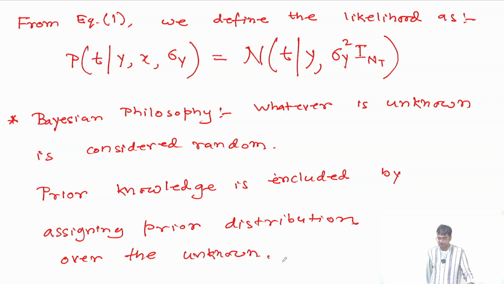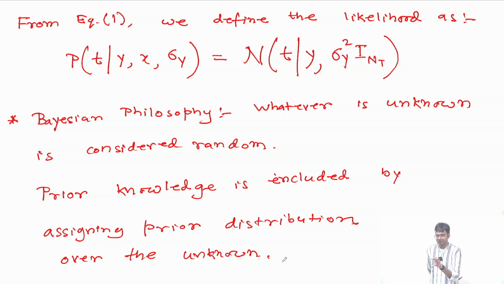That means whatever is unknown, you assume it to be random, but even if it is unknown, you might have some prior knowledge about it. In that case, or that will always be the case, you model that prior knowledge using a PDF. I'll give you an example. Suppose in a problem the mass is unknown. I want to estimate the mass.